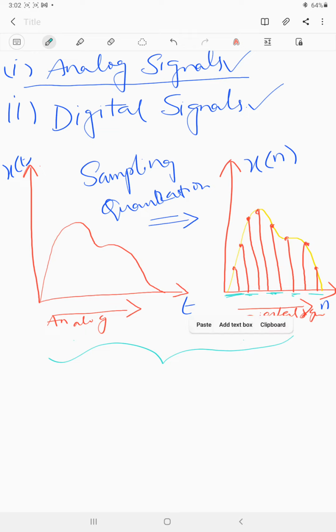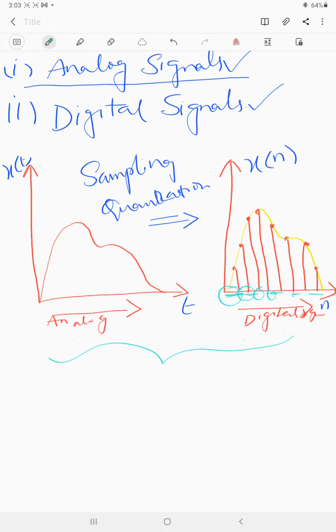To convert from a discrete signal to a digital signal, each sample is converted into a binary code, and the sequence of binary codes is known as a digital signal.